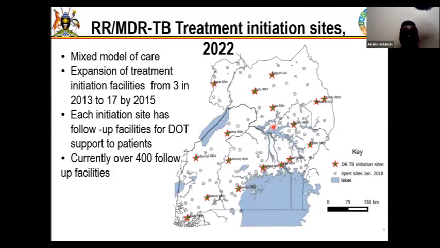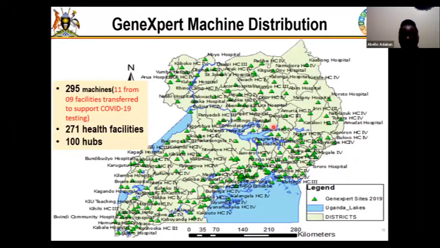So this map here shows the surveillance. We currently have 295 GeneXpert machines in the country. Some were taken to support COVID-19 testing. We have 271 health facilities with GeneXpert machines on site.